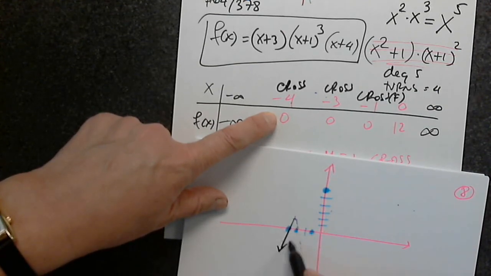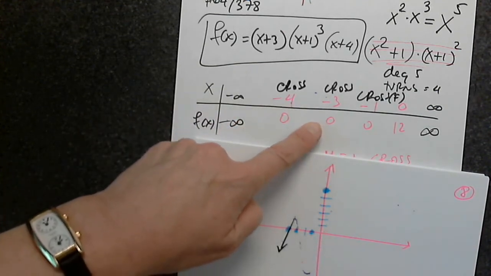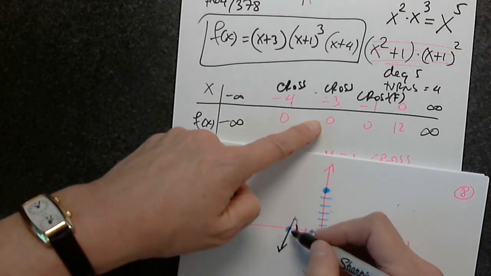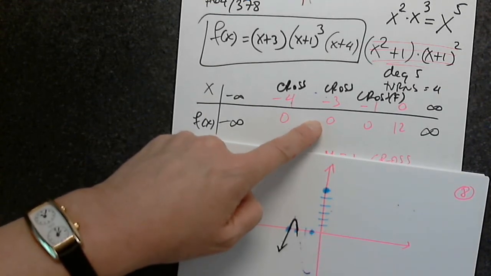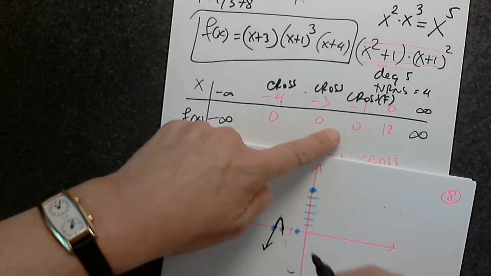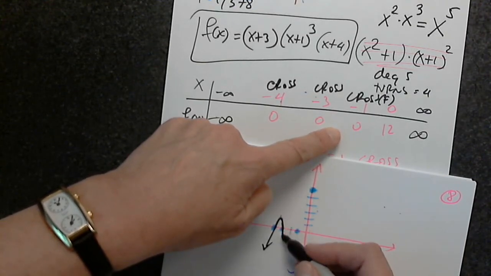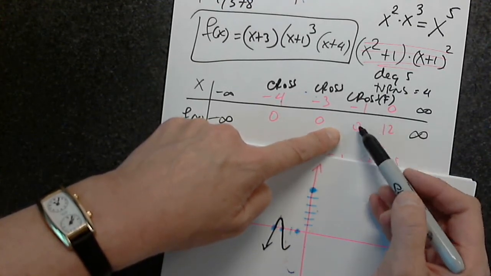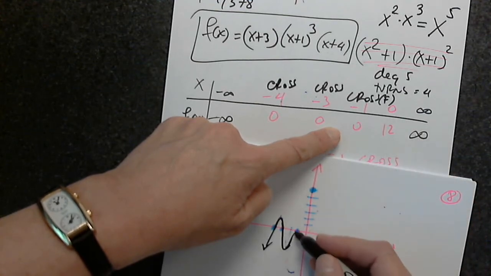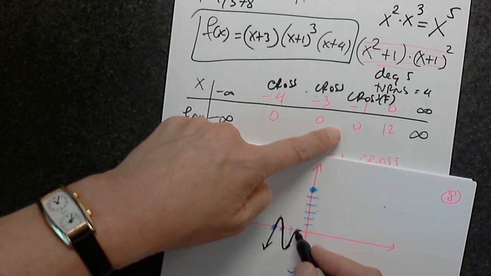Okay, fine. Then it's crossing at negative 3, 0. If it's crossing at negative 3, 0, it has to have a turn here. Then it has to come back. It has to have another turn because it crosses at negative 1, 0 again, but this time in a different way. In this way.